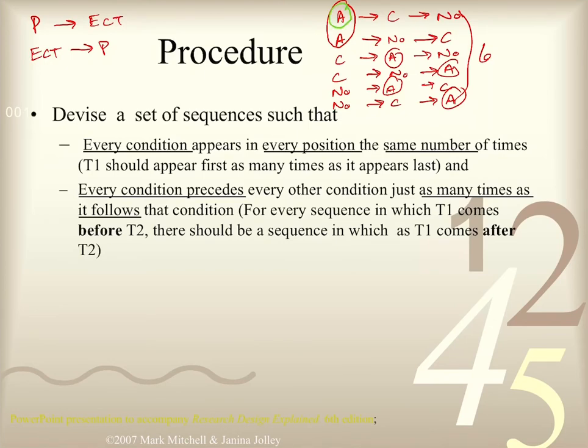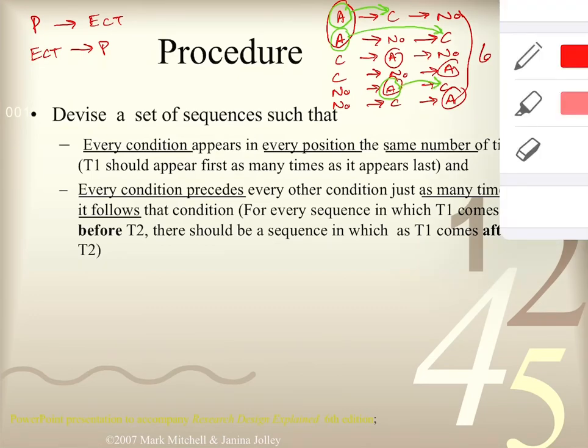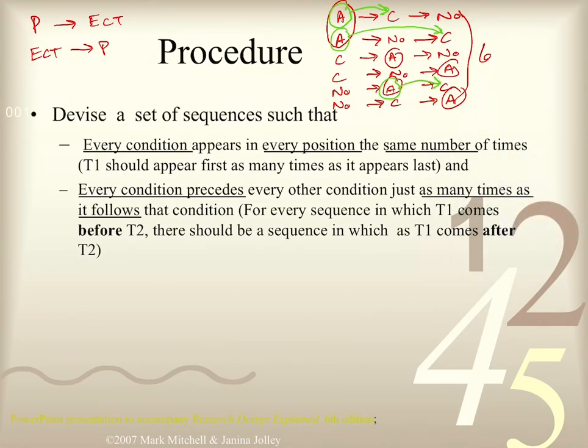What do we mean by this? Well, here, alcohol precedes the control. Here, alcohol precedes the control. Here, alcohol precedes the control. Okay? Does it follow the control just as many times? Here, alcohol follows the control.